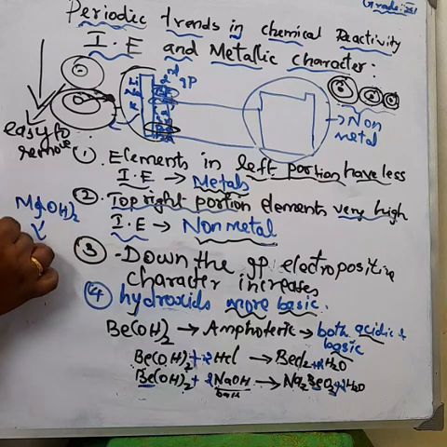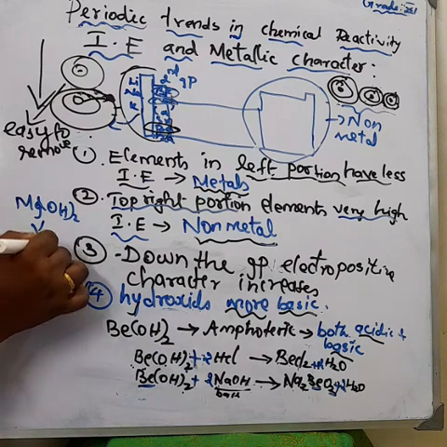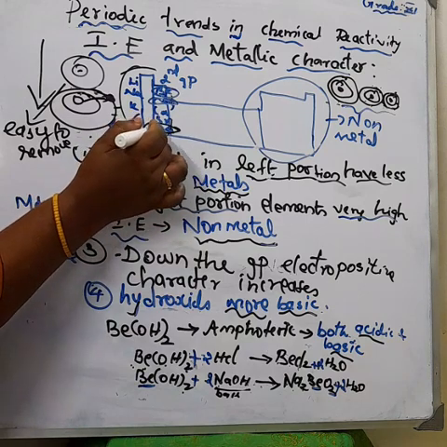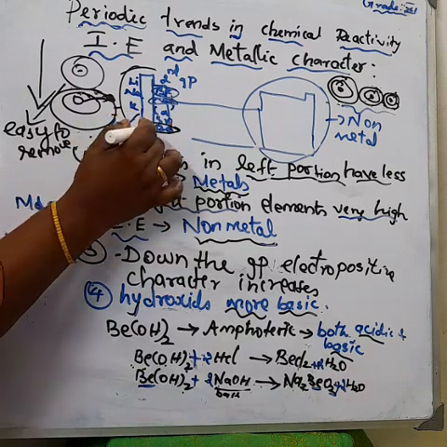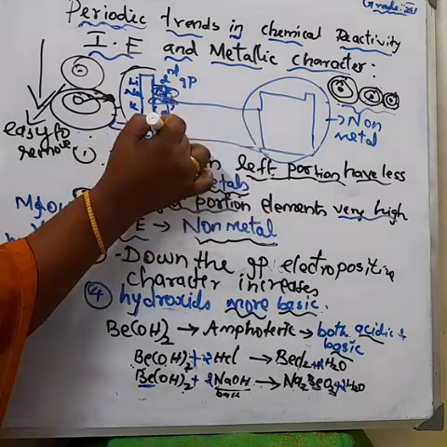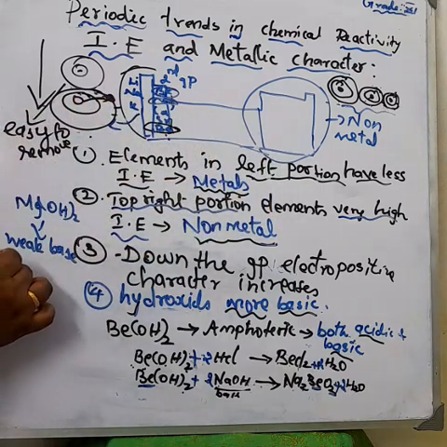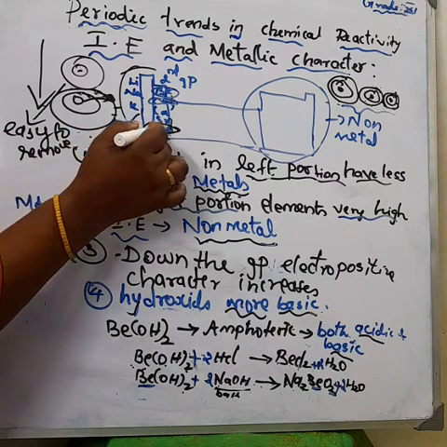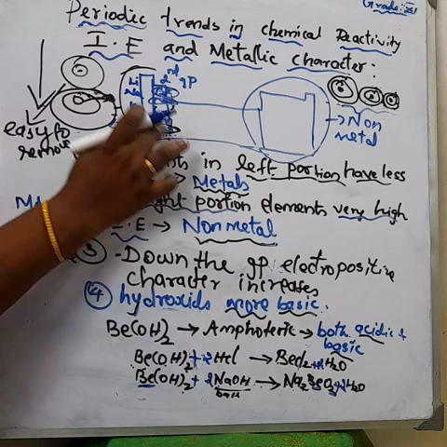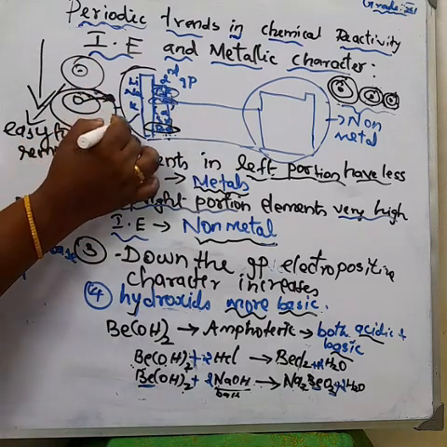But barium hydroxide, barium is present at the bottom of the second group. The second group: beryllium, magnesium, calcium, strontium, barium. Barium is a sixth period element of the second group.